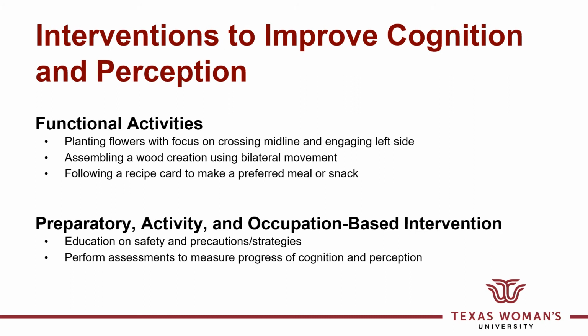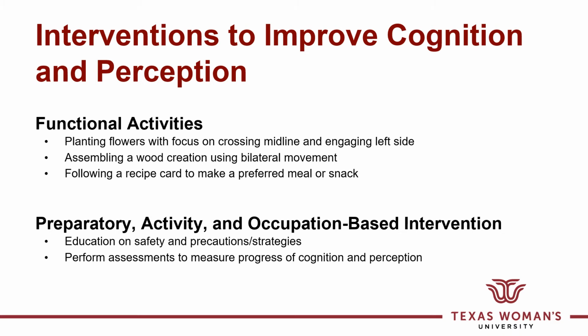Some interventions to improve Frank's cognition and his perception will be functional activities that he enjoys. So planting some flowers will really help him focus on crossing midline and engaging that left side.